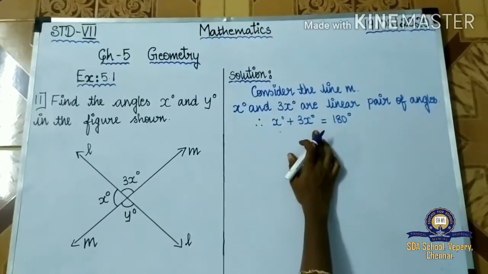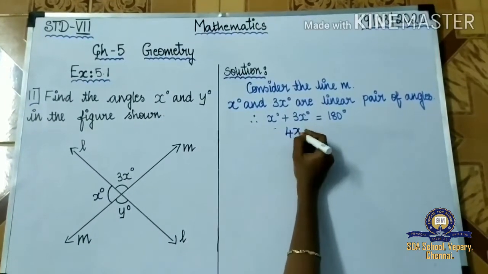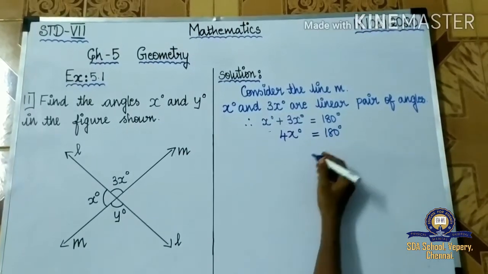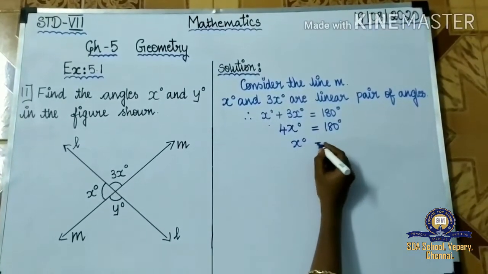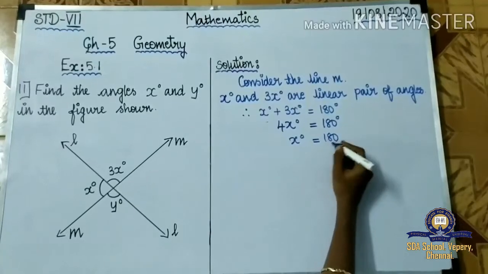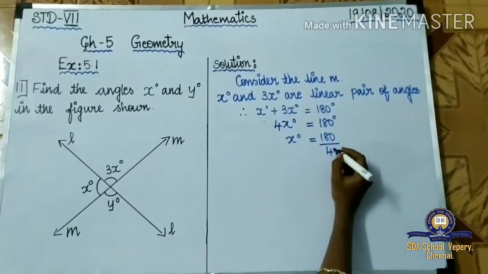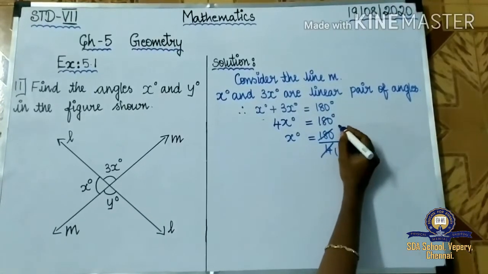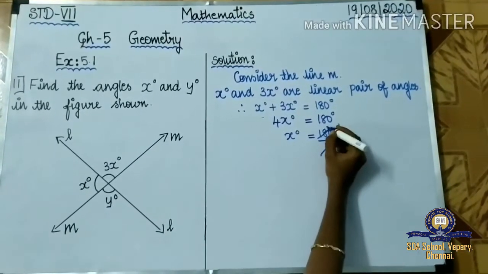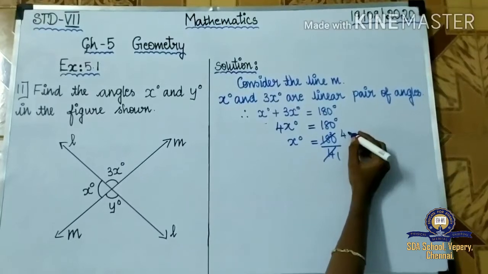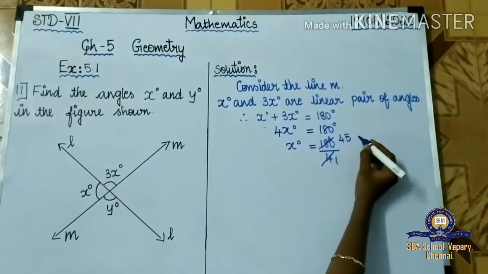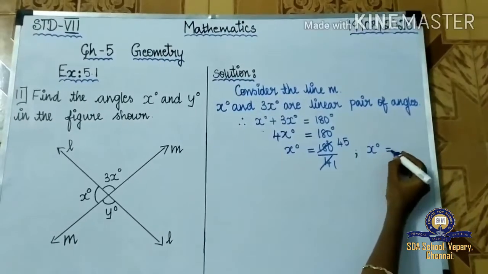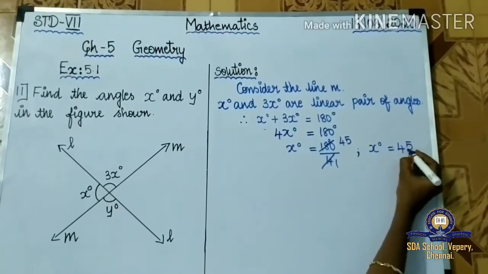X degree plus 3x degree is 4x degree equal to 180 degree. X degree equal to 180 divided by 4. Shall we cancel it now? 4 ones are 4, 4 fours are 16, balance we have 2, so 4 fives are 20, right? So 45. Therefore, x degree equal to 45 degree.